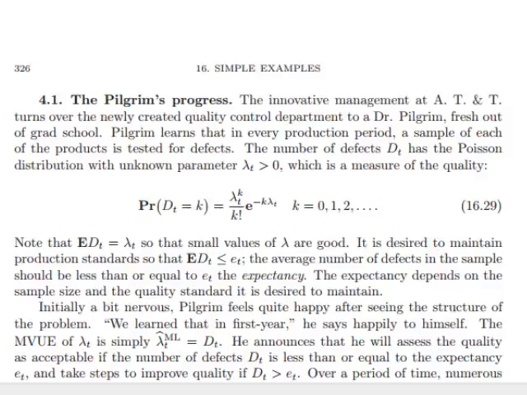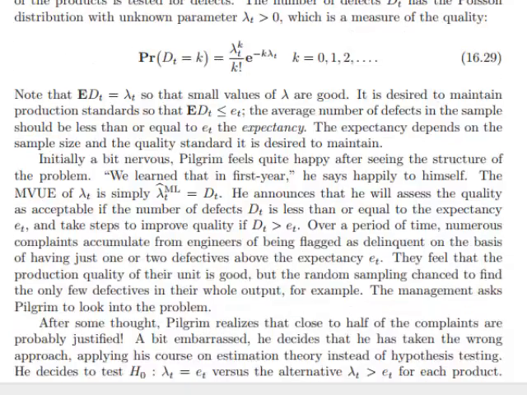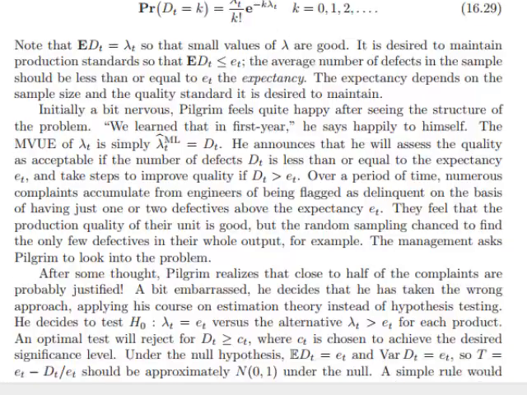So, I'm following the literature of AT&T. There is a number which is called ET, that is called the expectancy. This is your tolerance margin, the number of defects that you can tolerate.